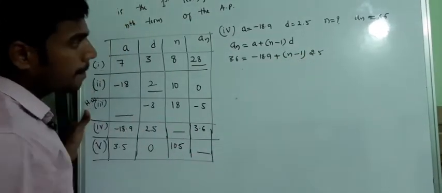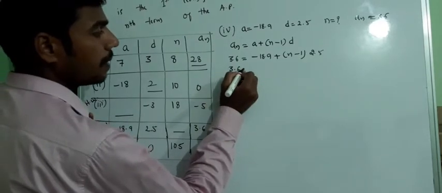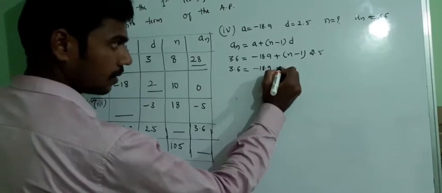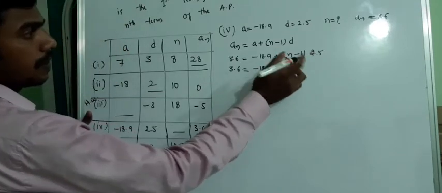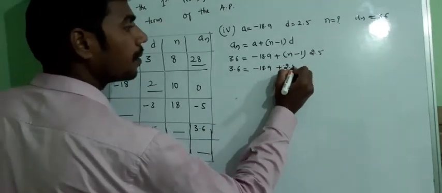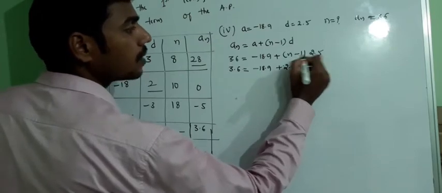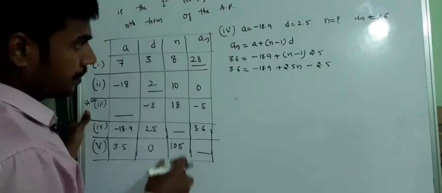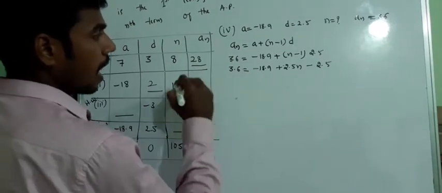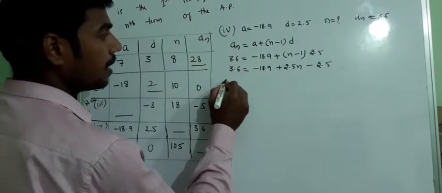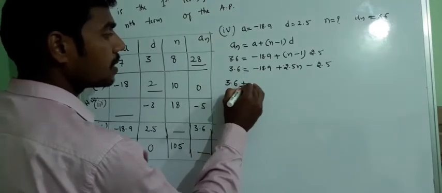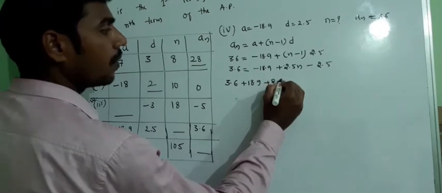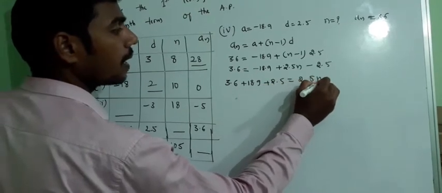Now, 3.6, I'll keep it as it is, equals minus 18.9 plus 2.5n minus 2.5 into 1, that is 2.5. Now this I'll transfer to the right hand side, that is 3.6 plus 18.9 plus 2.5 is equal to 2.5n.